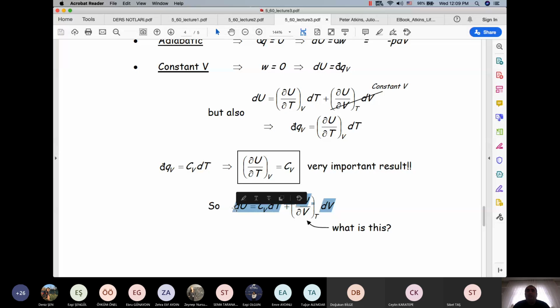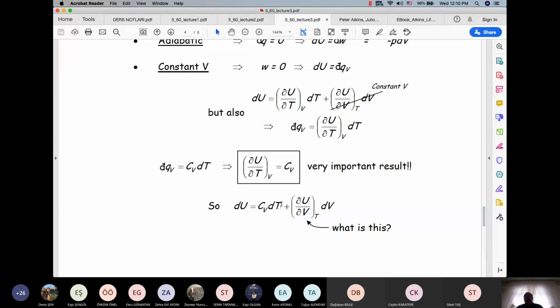So the energy change is now defined as the constant volume heat capacity times temperature change, plus some partial derivative times volume change. And what is this partial derivative? It is how the energy at constant temperature changes with volume.